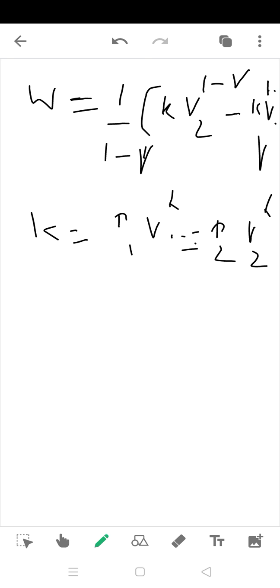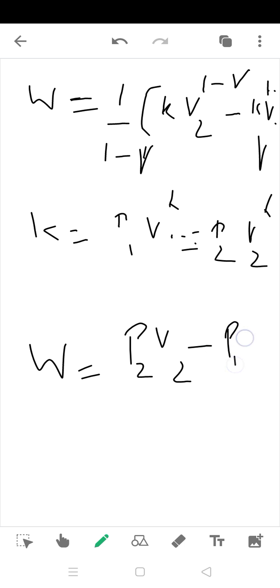We will put this value here and here. After solving, we will get (P2 V2 minus P1 V1) by (1 minus gamma).